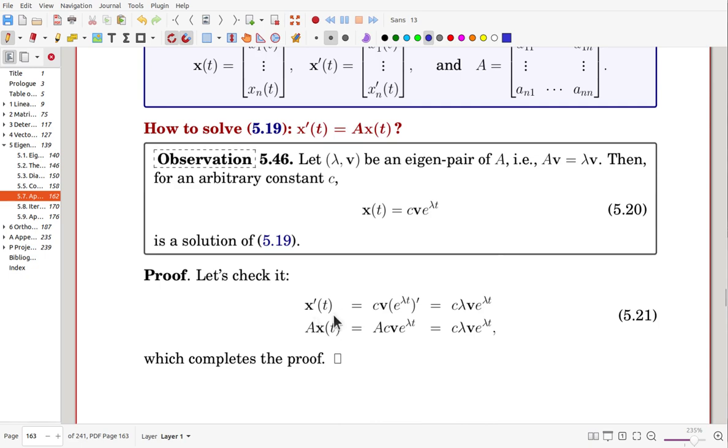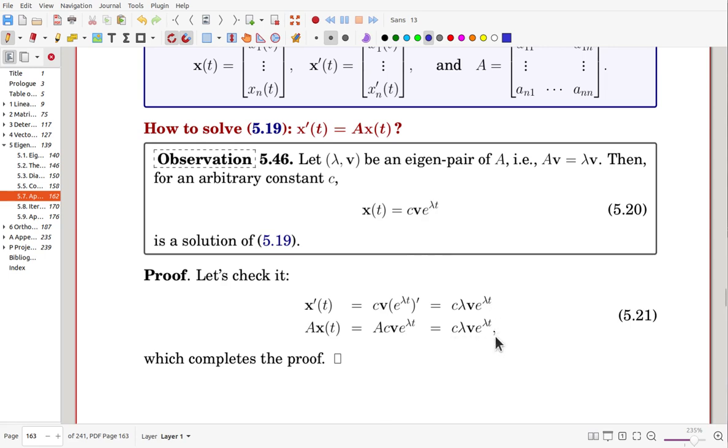x prime of t is now the derivative directly of that one. Then by using the chain rule, lambda will come out, so we reach this one. Now A times x of t, because Av is lambda v, that portion along with Av will be changed into lambda v, so that we can reach this term.